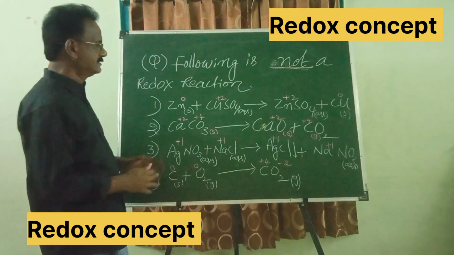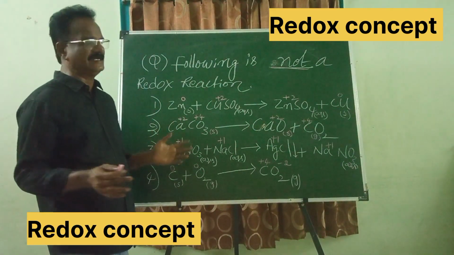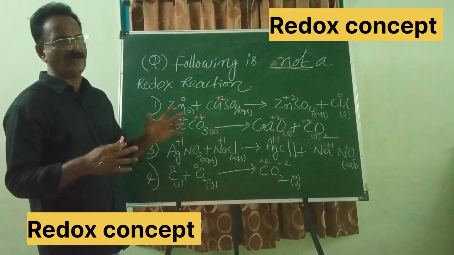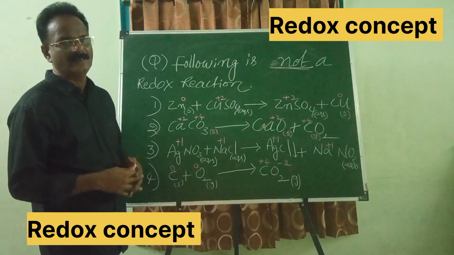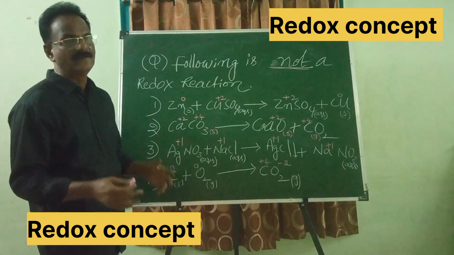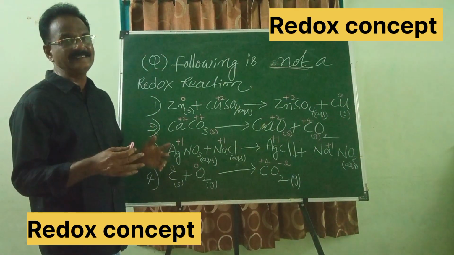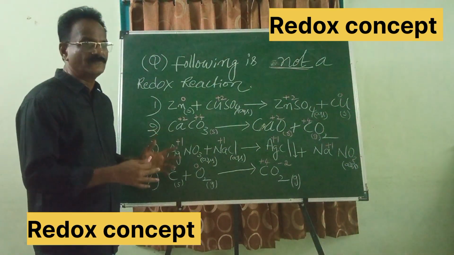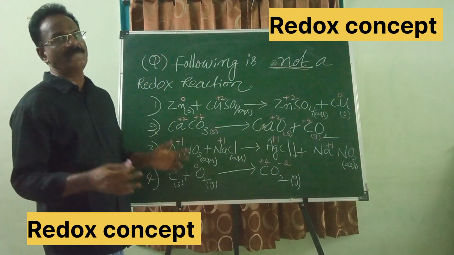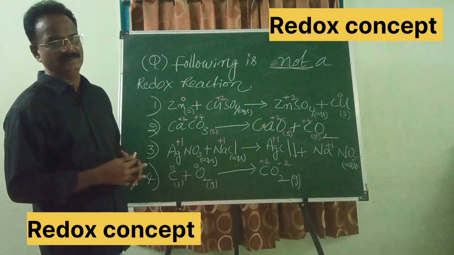Okay. So now see here, I have assigned oxidation numbers for all the equations. Now you have to identify where the change in oxidation states takes place before involving in the reaction and after involving in the reaction.